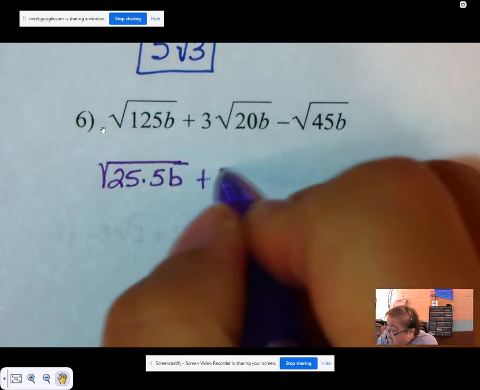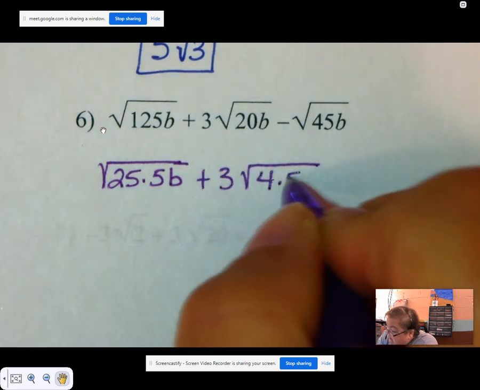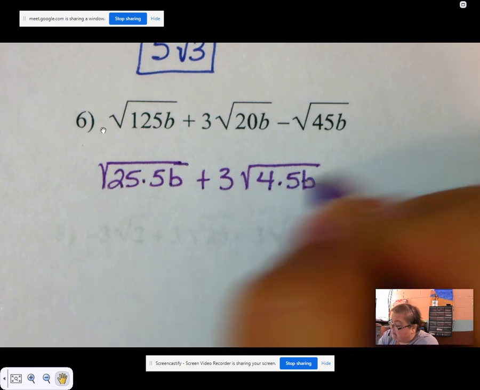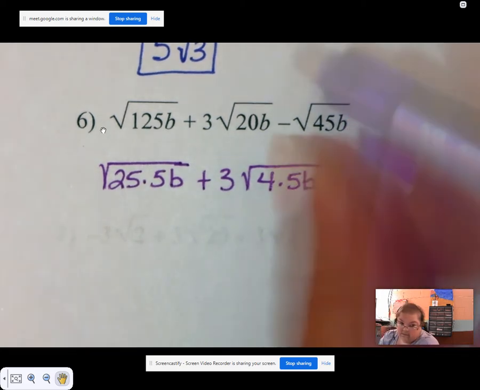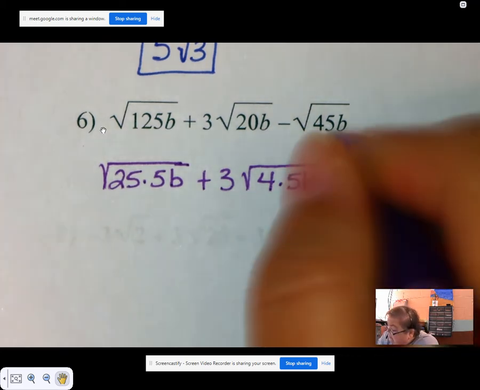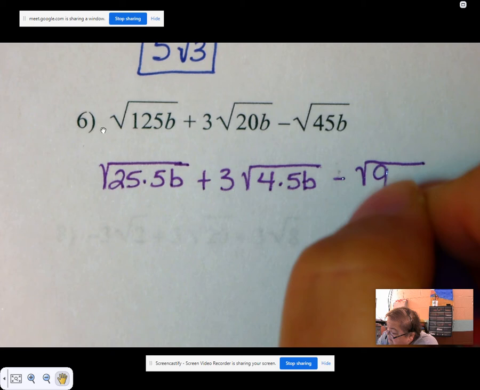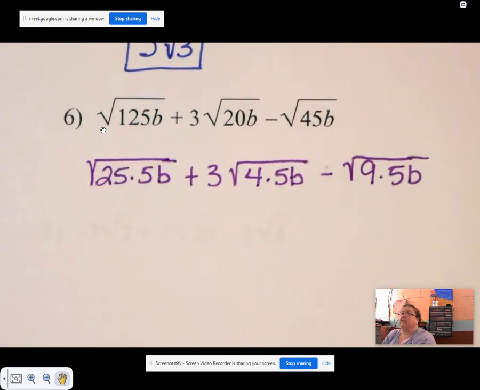Plus 3, and what's my perfect square in 20? It's times 5, keep the b. And then minus, what is my perfect square in 45? Times 5, keep the b. Look how much faster you're getting at recognizing those perfect squares in those numbers. Just saying.